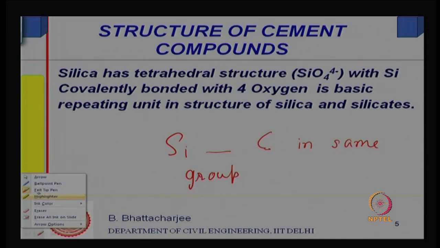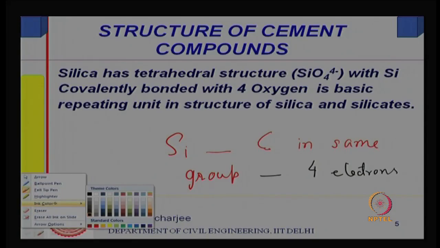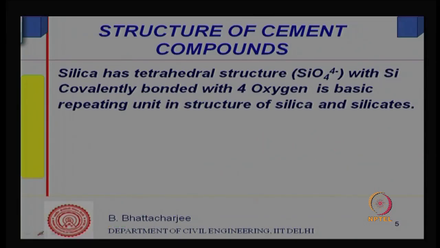And if you recall, they have 4 electrons in their outer shell, and this silicon therefore combines with 4 oxygen, forming the SiO4 ion with 4 negative valency.